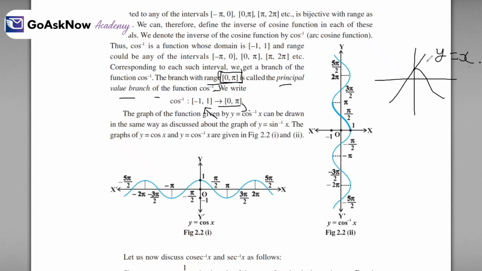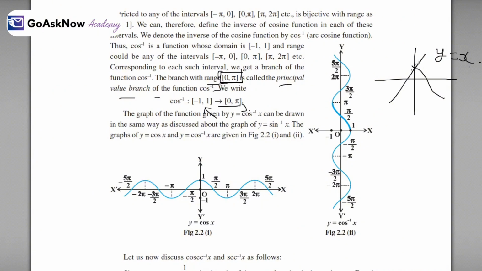Okay. So the mirror image about y equal to x will be what? It should come like this. If you take this as your y equal to x, the graph will be like this only.